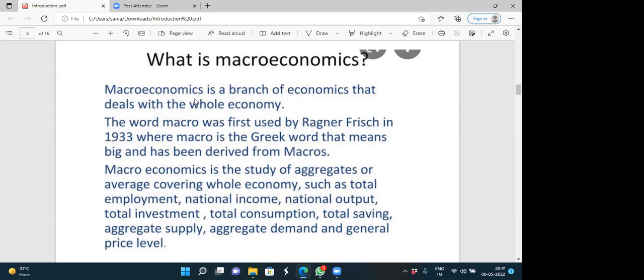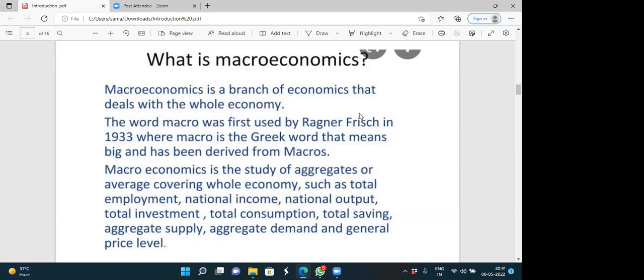First line: macroeconomics is the branch of economics which deals with economy as a whole, or which deals with the whole economy. Write it. Done. First line. Done.